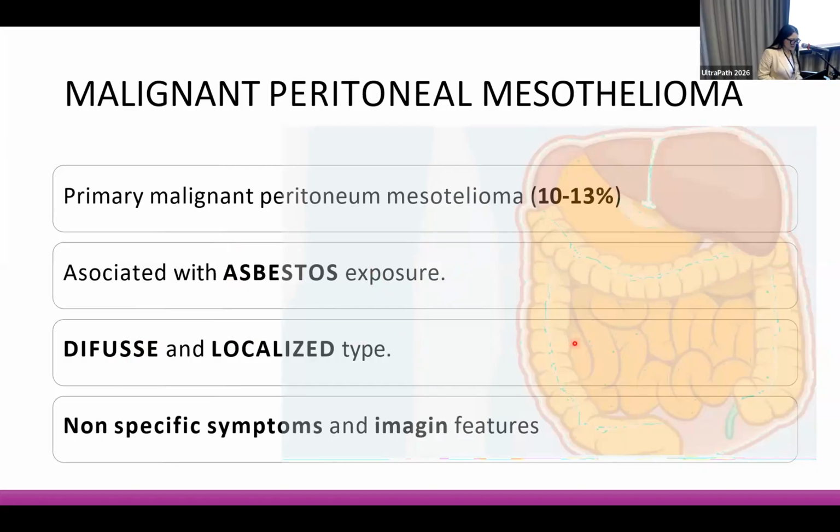The problem with this particular tumor is that there is a lot of overlap in imaging studies and even in the histological features. So that's why it is sometimes very complicated to make an adequate diagnosis prior to surgery.